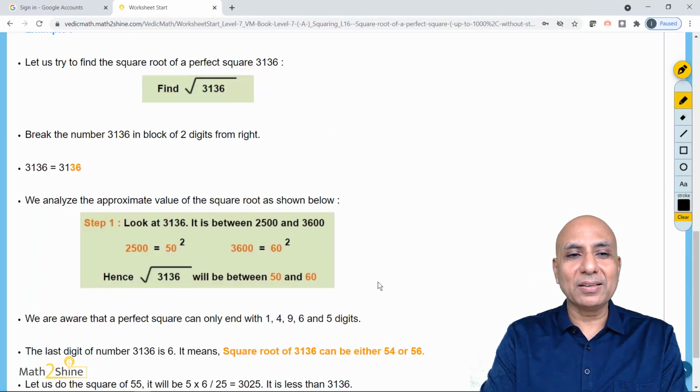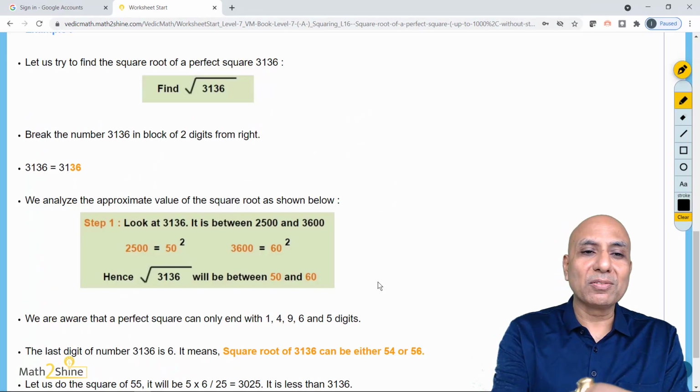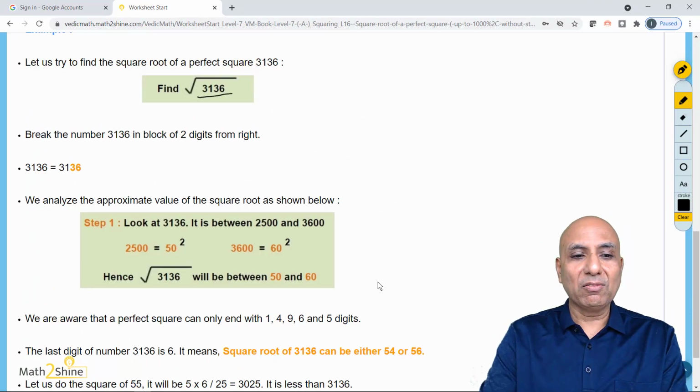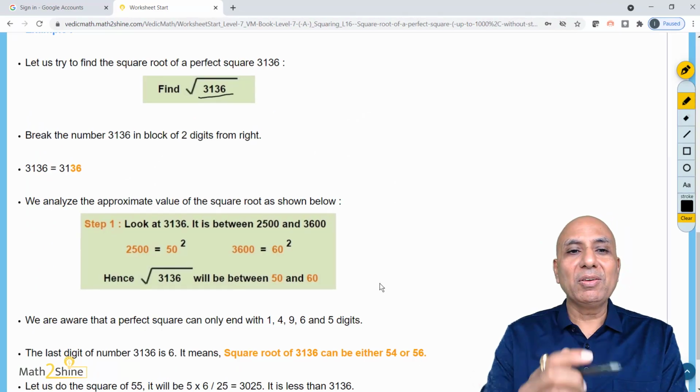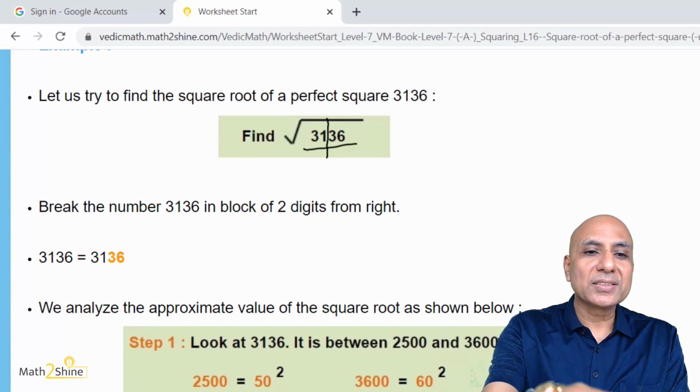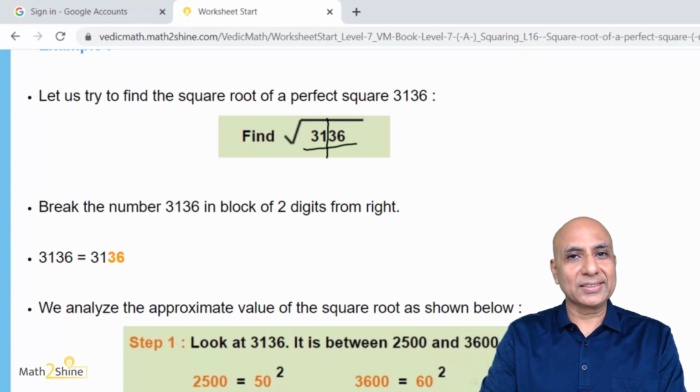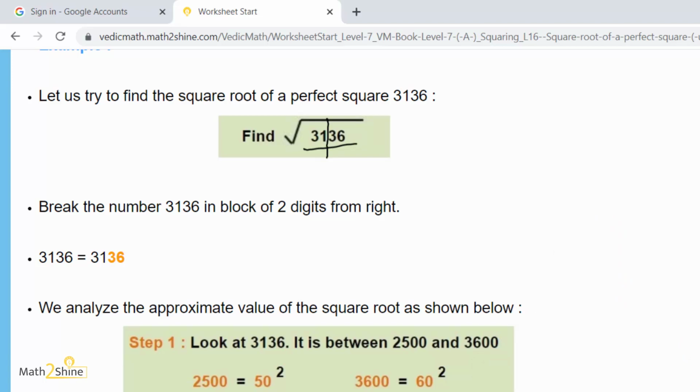For example, we want to do the square root of 3136. What we do is we break the number into two parts, 31 and 36. Now we need to remember squares from 1 to 9. So what is the square of 5? Square of 5 is 25. And what is the square of 6?